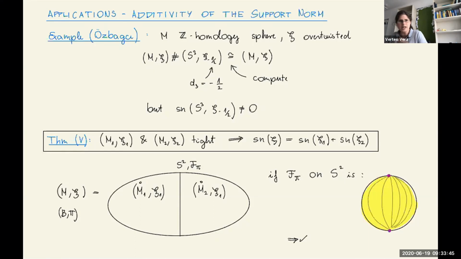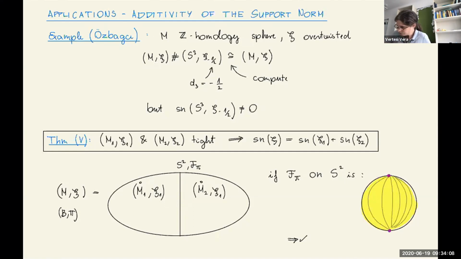So why is this a cut and paste argument? It's a cut and paste argument because you do have this S2 in your connected sum, which I'm going to put in a nice position to have an open book foliation, and I'm going to cut, and then glue something which is coming from S3, also from a cutting.